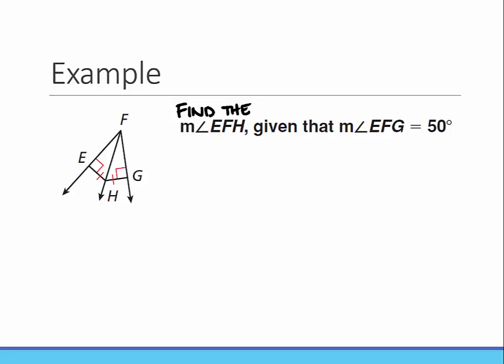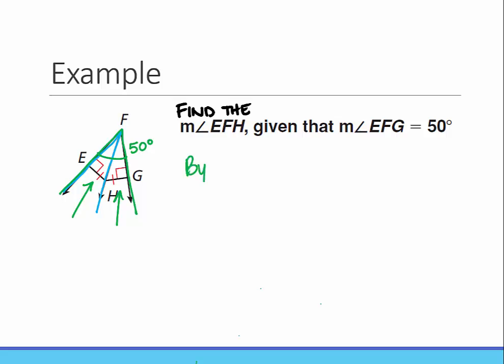Find the measure of EFH, so here to here to here, given that EFG is 50 degrees. So EFG, all of this is 50 degrees. Now the interesting information here is that we know those two things are the same distance.